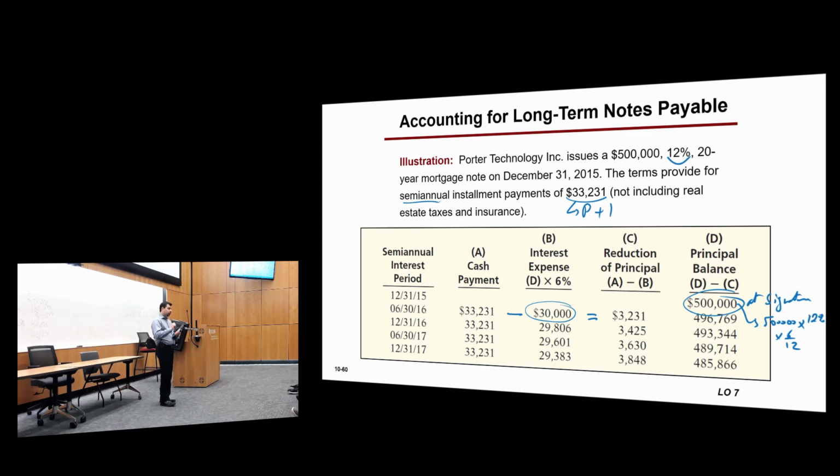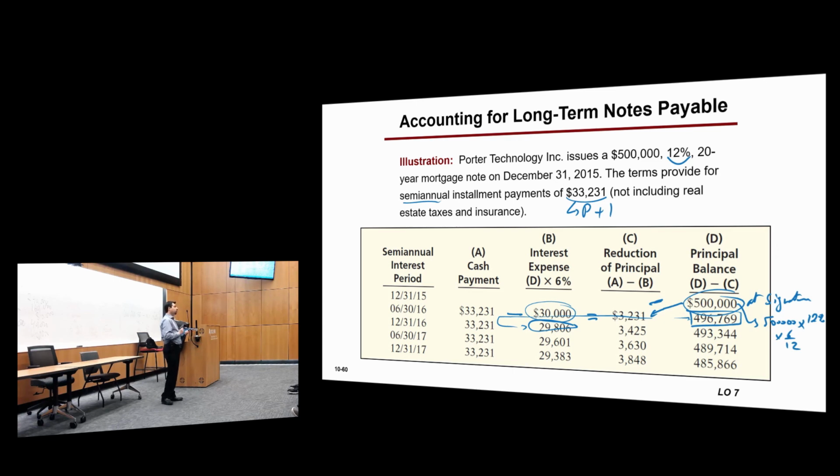Now, the new principal will be 500,000 minus the reduction in principal. That's your new principal. You then multiply that amount by the interest rate, and this will give you the new interest expense.